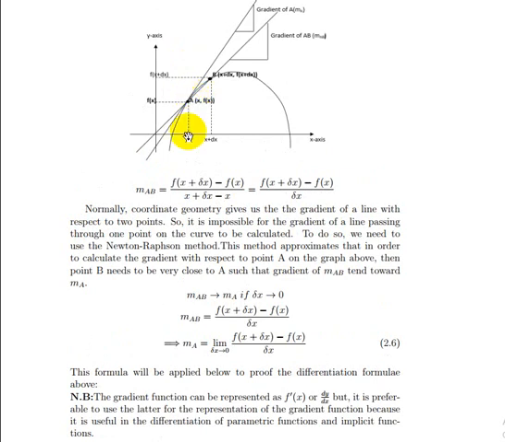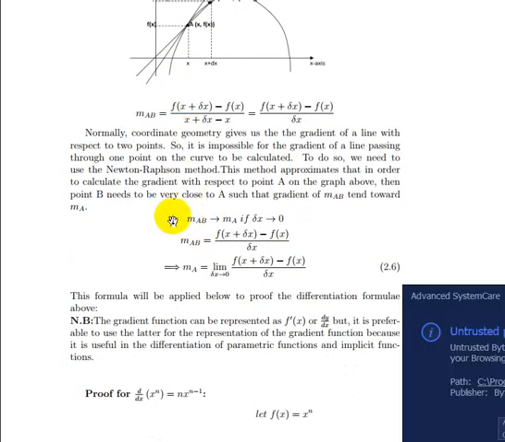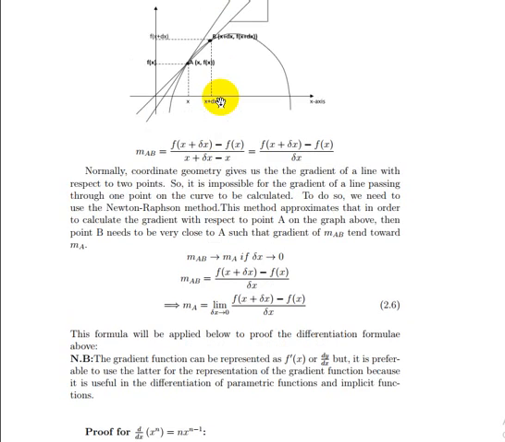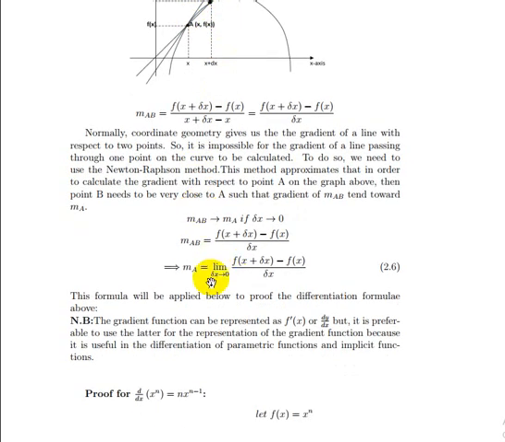gradient at point B. So first, the gradient of line AB is given as this. Now to conclude, the gradient of line A is going to be the limit, since if you shift point B closer to A, it's going to be the limit as delta x tends towards 0 of this initial gradient.